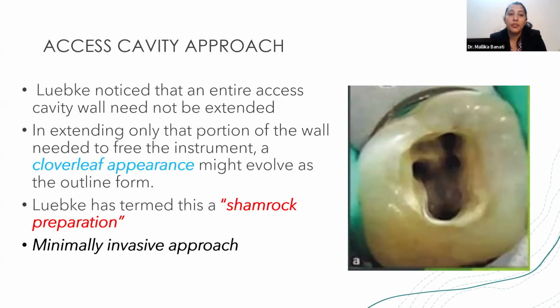So, how is the access cavity to be taken for such cases? Lube noticed that an entire access cavity wall need not be extended. What you can do is make a shamrock preparation, which is a minimally invasive preparation. If you know that this is our orifice, you just enlarge at that portion instead of coming down through the whole wall from the beginning, which reduces a lot of dentinal shell that is not necessary.